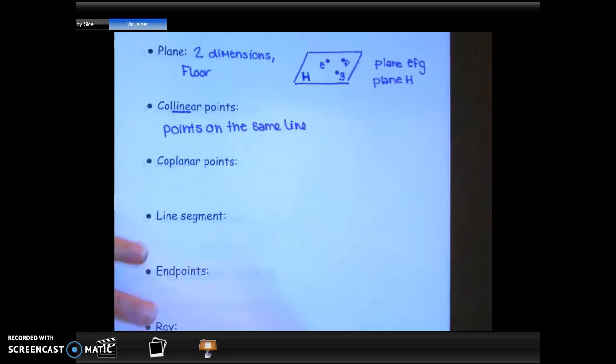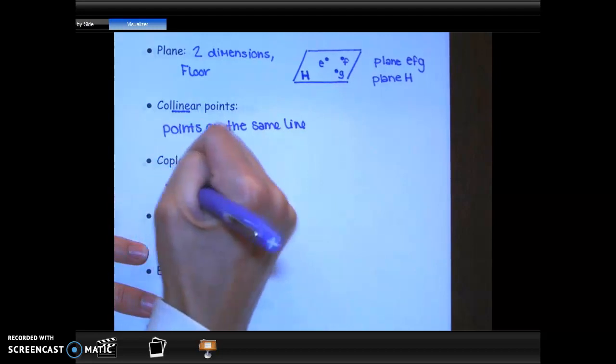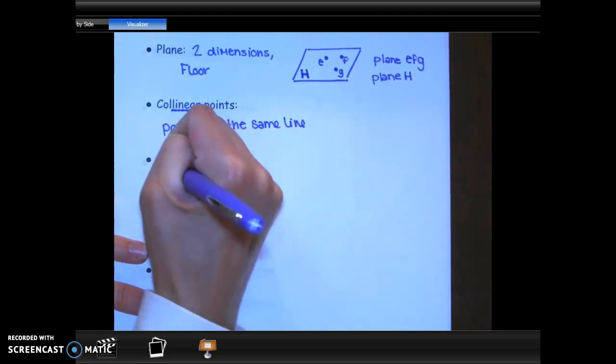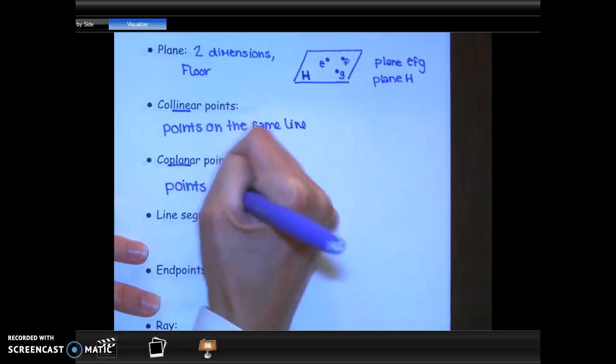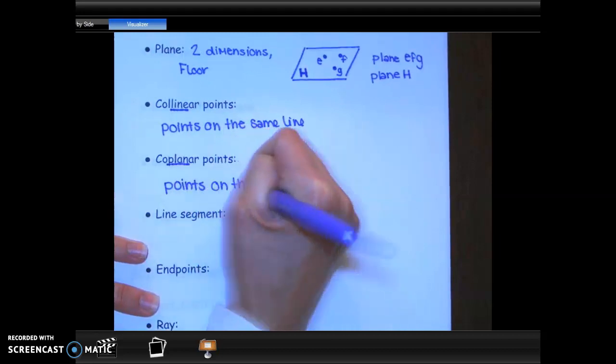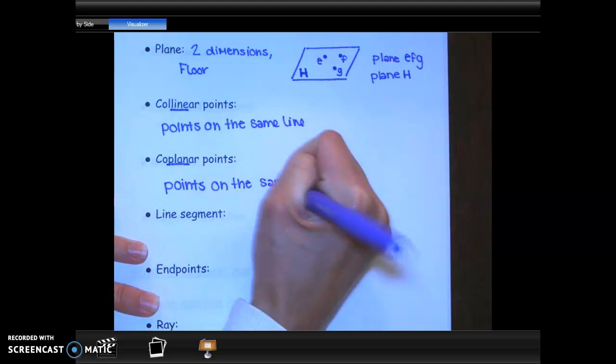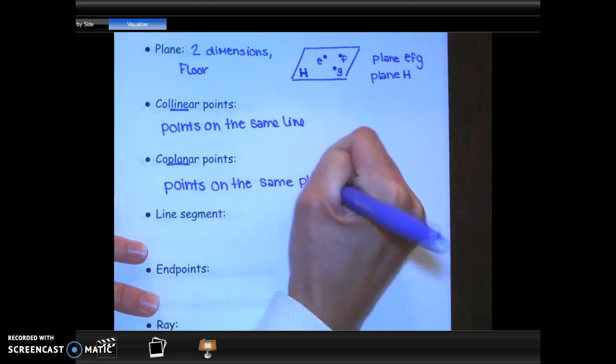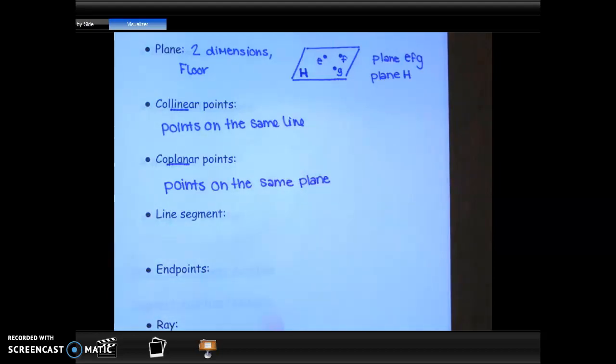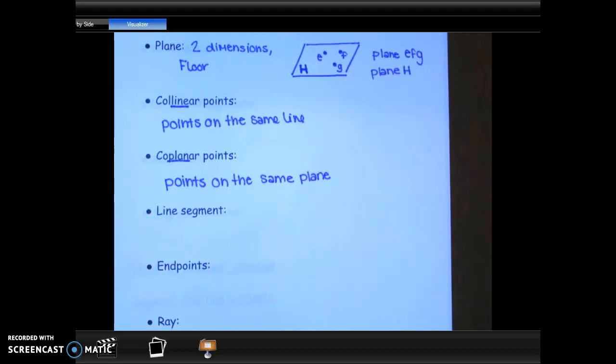Coplanar points. These are going to be points on the same plane. Right. So, linear for same line, coplanar, same plane.